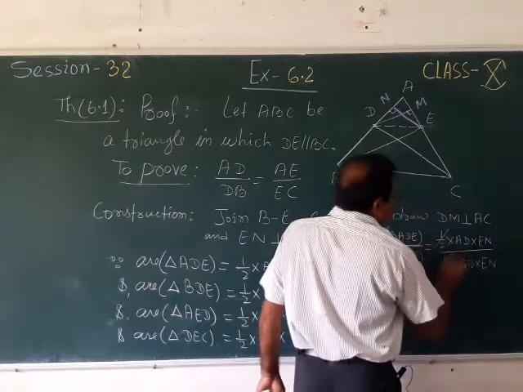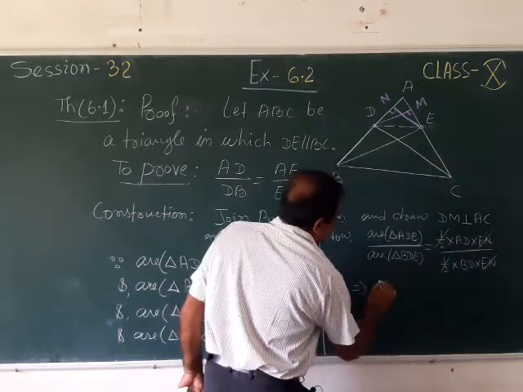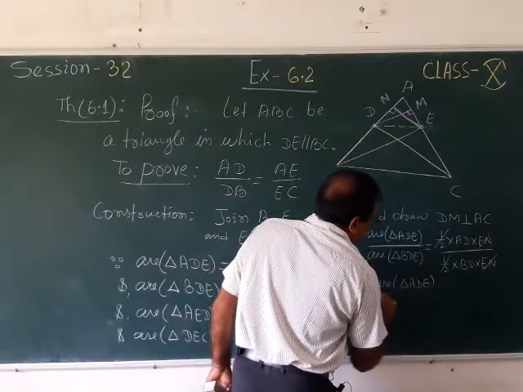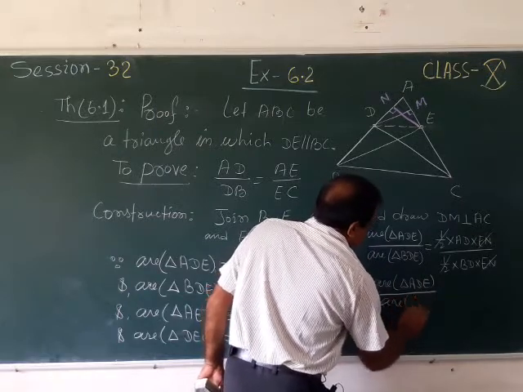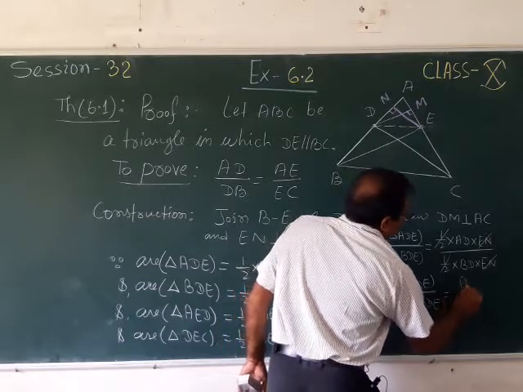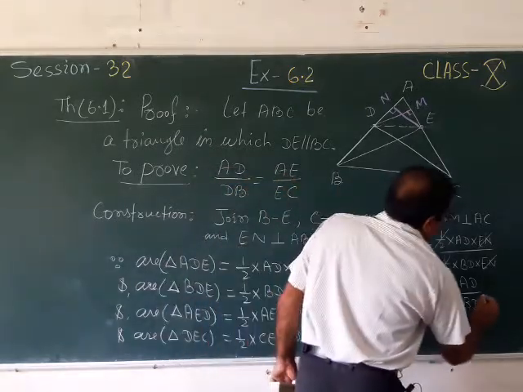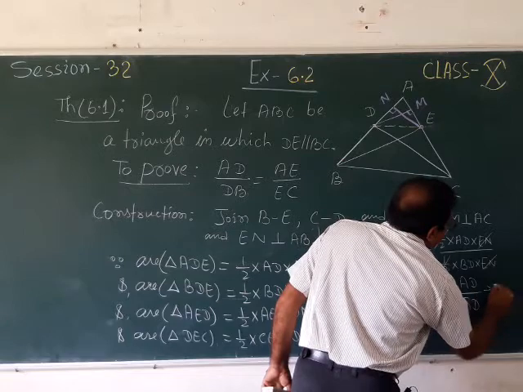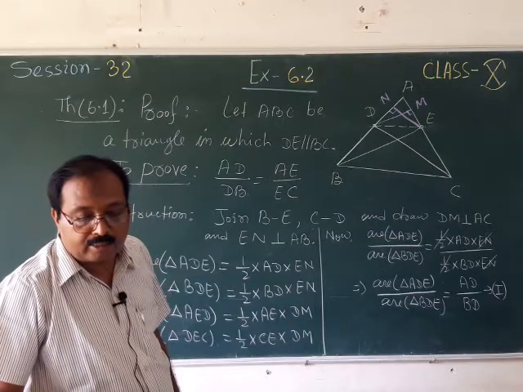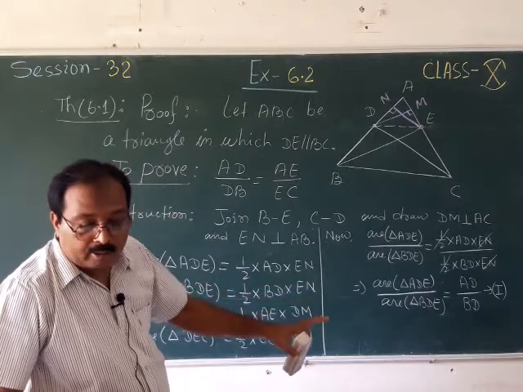This half cancels, this EN and EN cancel. So ultimately area triangle ADE upon area triangle BDE is equal to AD upon BD. This is your first relation which you have got. This is AD upon BD or DB.